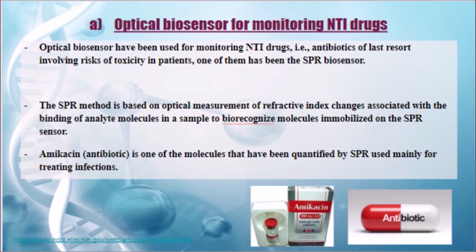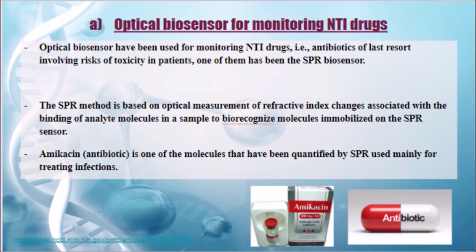Surface plasmon resonance (SPR) biosensors belong to label-free optical biosensing technologies. The SPR method is based on optical measurement of refractive index changes associated with the binding of analyte molecules in a sample to biorecognition molecules immobilized on the SPR sensor.